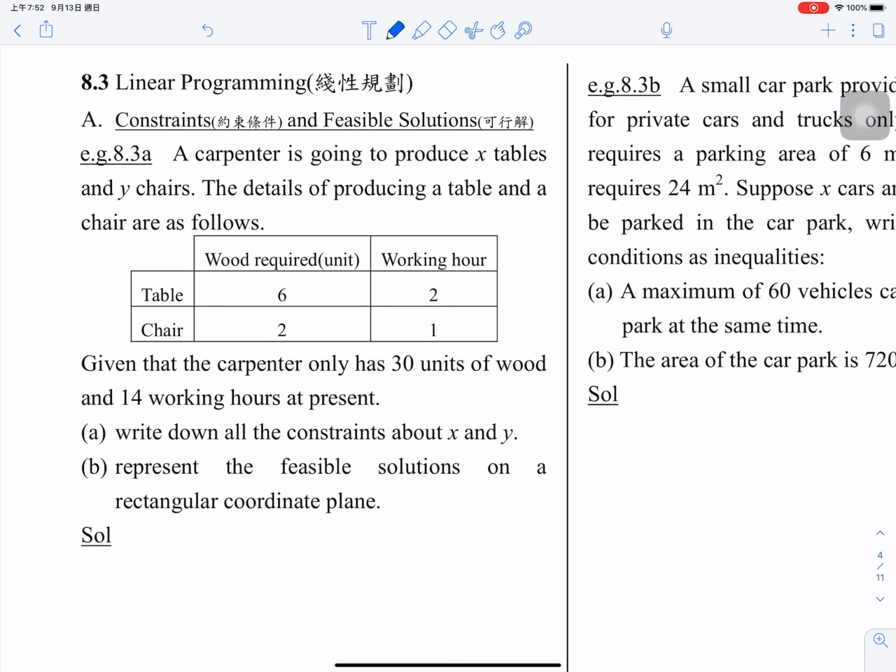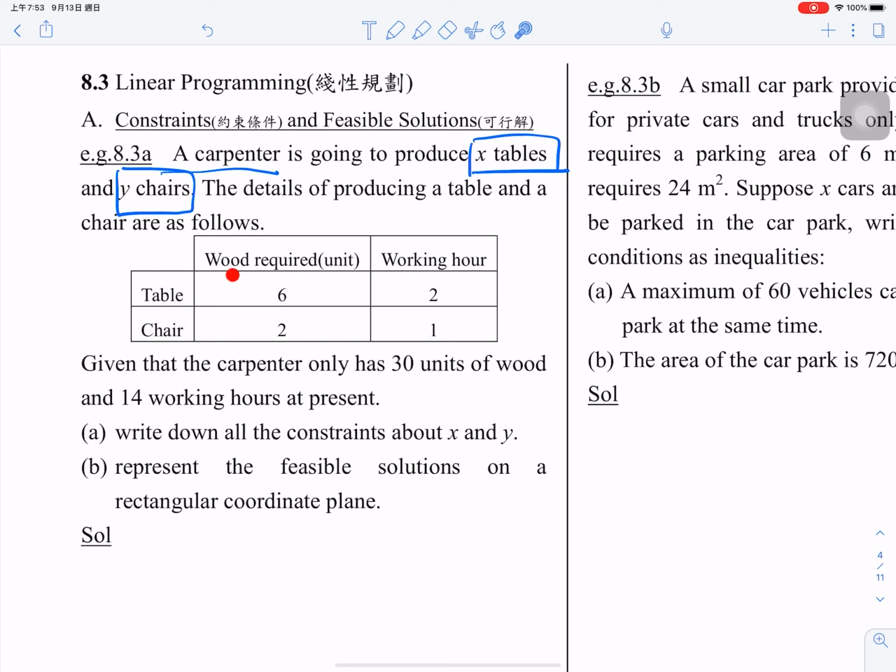8.3a. Consider this situation. A carpenter is going to produce X tables and Y chairs. The details of producing a table and a chair are as follows. For a table, for a chair, do you understand what this table means?